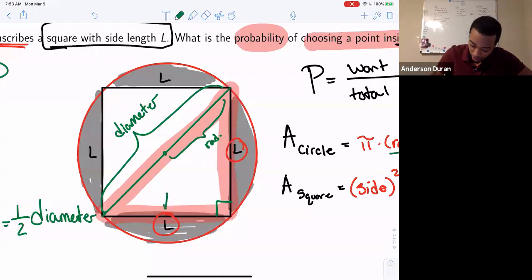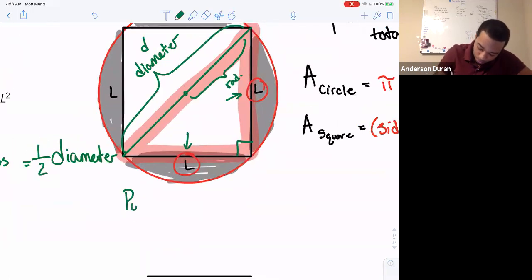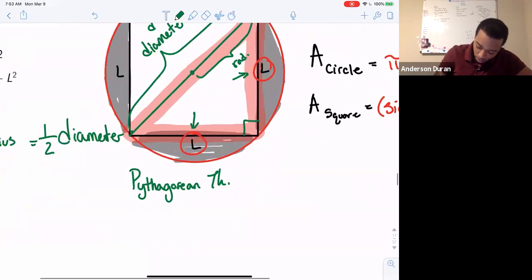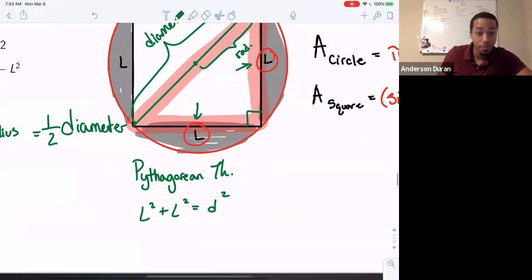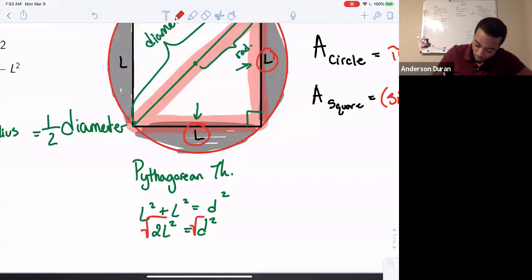We have length L, and we can find the diameter, which we'll call D. Here's how the Pythagorean theorem would go: L squared plus L squared equals D squared. From here, we add them together to get 2L squared, which will be D squared. Then we take the square root of both sides. So then we have D equals the square root of 2 multiplied by L.